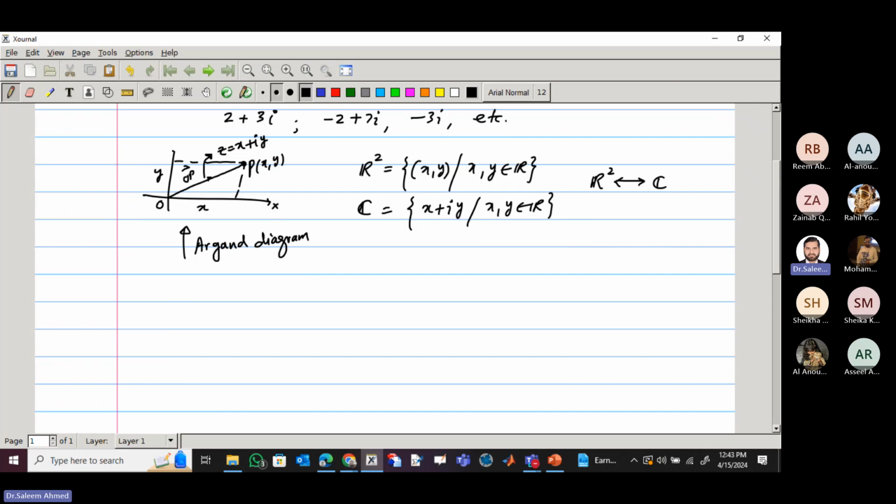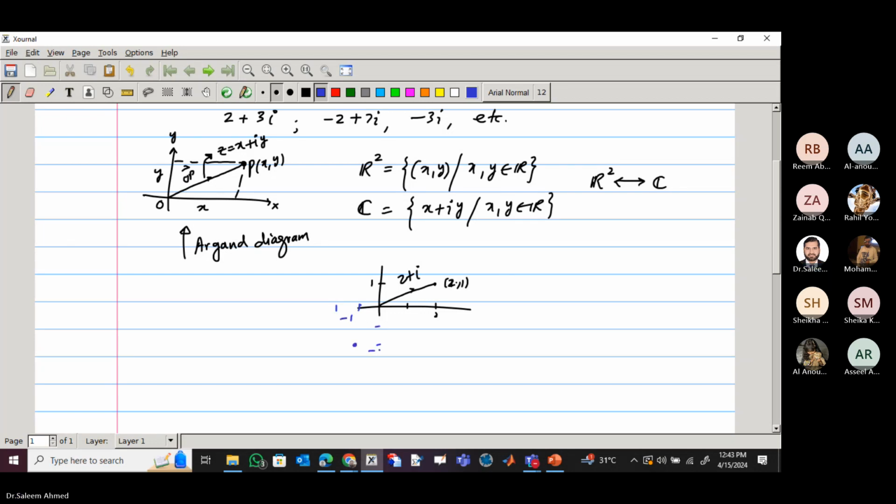This is the x-axis, this is the y-axis, right? So if you want to write, let's say, 1, 2, and this is 1, right? So this is the point 2, 1. So this will be the complex number 2 plus 1 iota, like that. Or if you have another one, let's say -1 and -2.